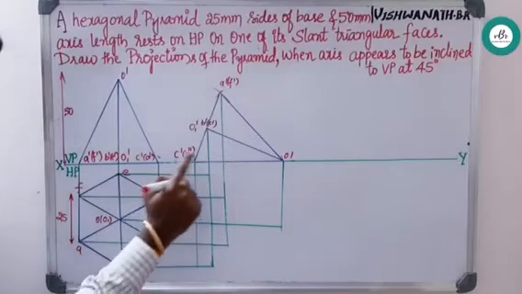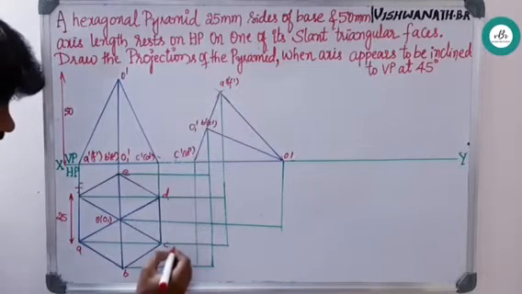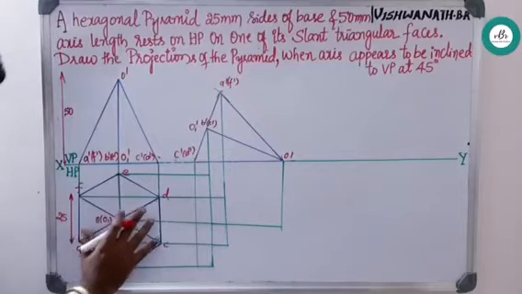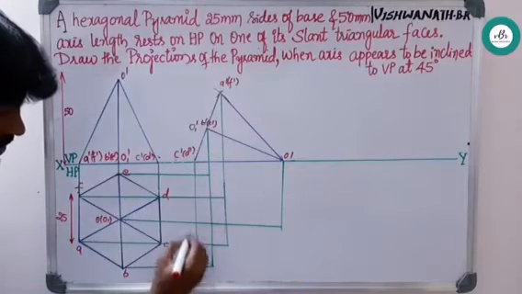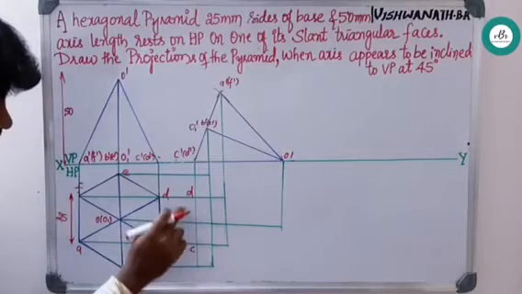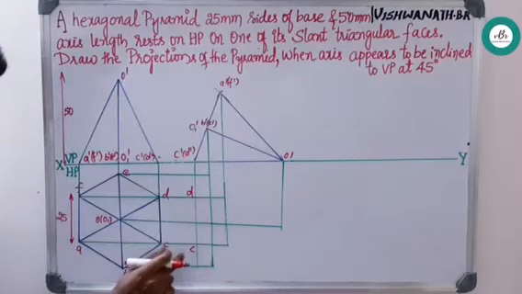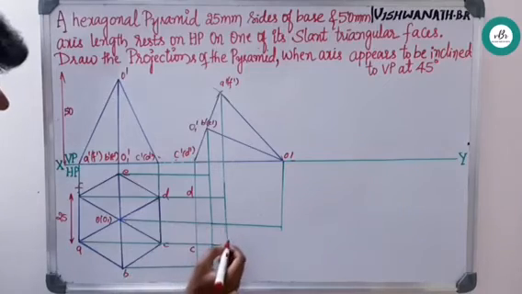So especially in the sleeping case problem, be careful with the namings. Don't try to copy the same naming here. So C is here and C is here. So C is here and D is here. First you name the resting edge and go for the other naming.